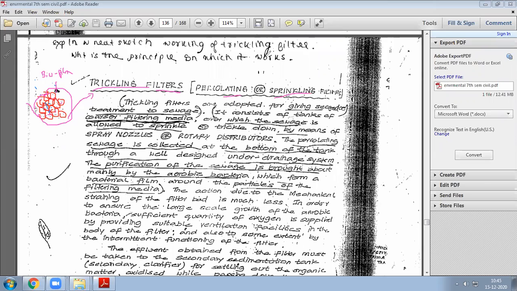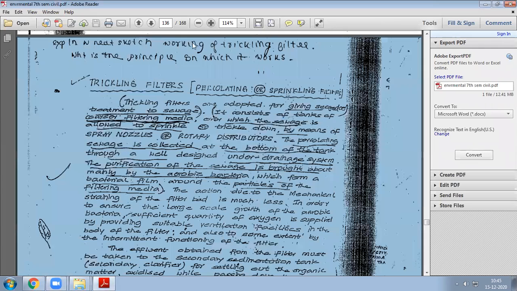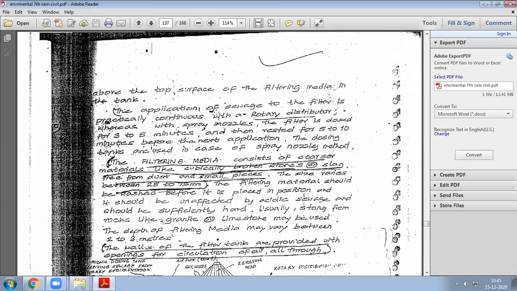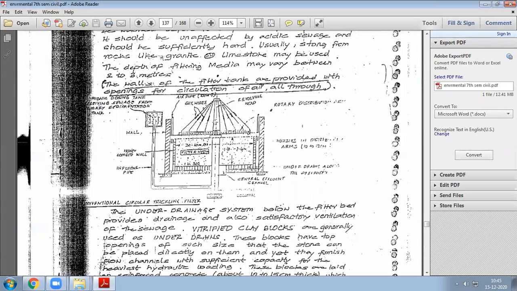To explain this, I will directly take you to the figure. Before that, I will try to clean all these diagrams. Wait. So see, this is how the figure looks. You're seeing this figure.